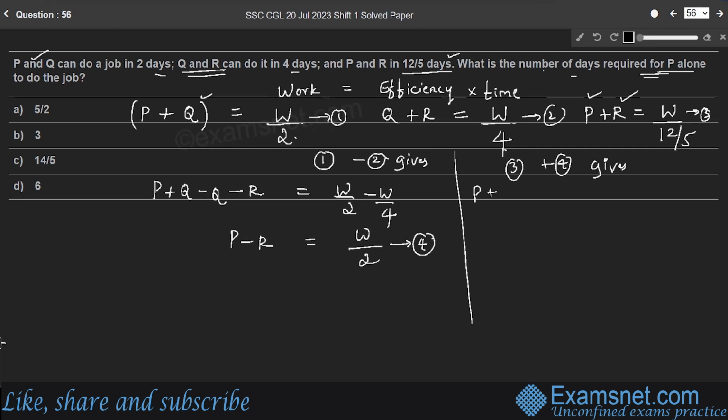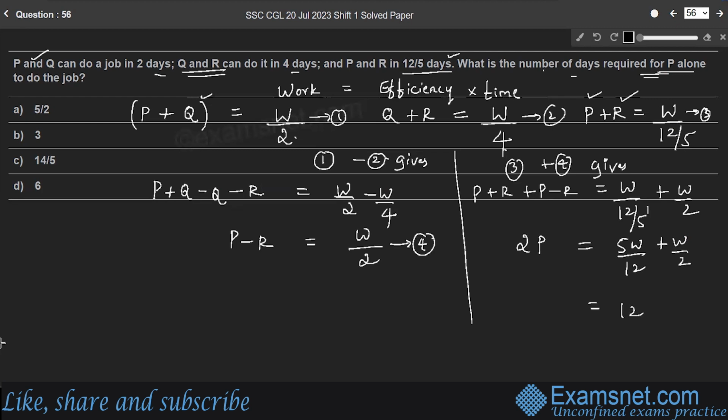So P plus R plus P minus R is equal to W by 12 by 5 plus W by 2, right? We are adding these two equations. So we have 2P in the LHS, whereas in the RHS, this 5, when it goes to the numerator, becomes 5W by 12 plus W by 2.